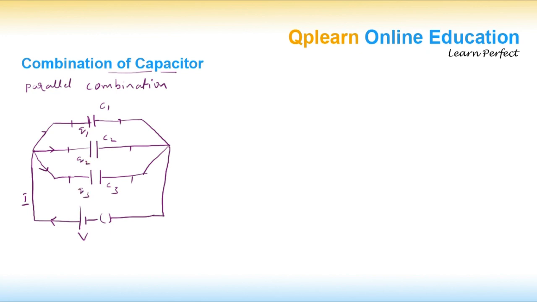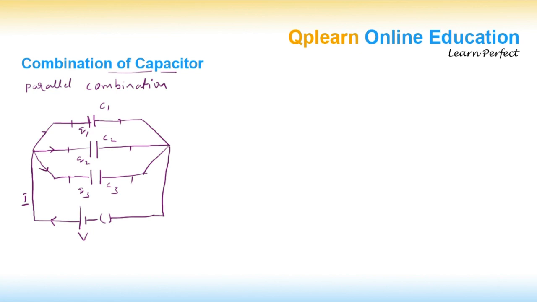In the last class, in the series combination, the charge was the same and the potential difference was different. Here the charge is different, but the voltage is the same in parallel combination. This is the first point.